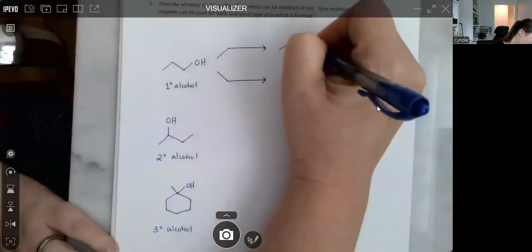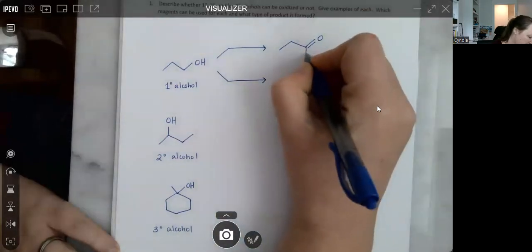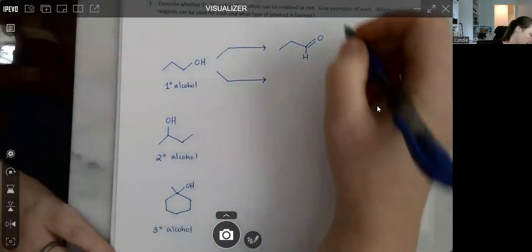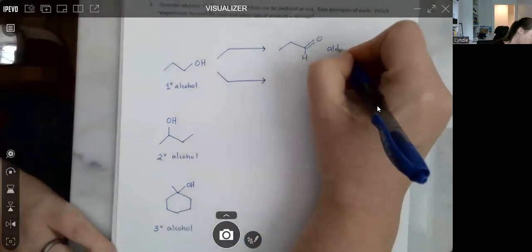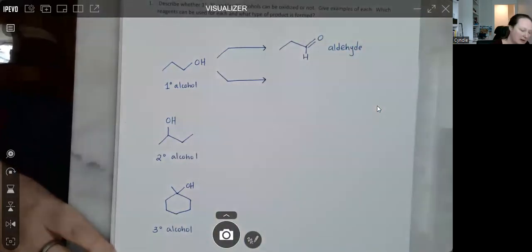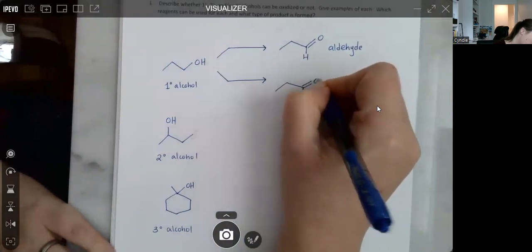So we might draw that like this. And sometimes people draw in the hydrogen here as well, right? So we'll make sure to label that as an aldehyde. And then we can also oxidize all the way up to a carboxylic acid.